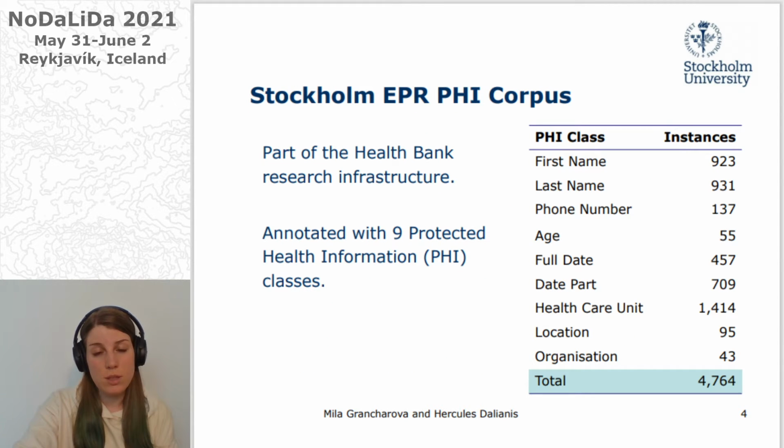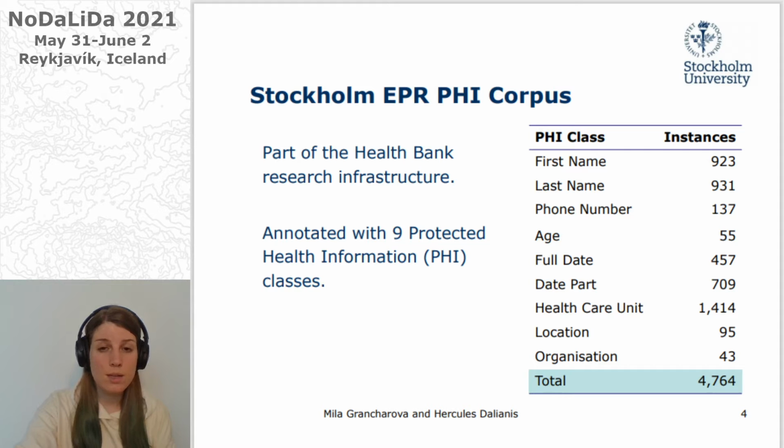At Stockholm University, we've been working with a research infrastructure called HealthBank. It contains a large number of electronic patient records from the Karolinska University Hospital. There have been some efforts in annotating parts of this data, which has resulted in the Stockholm EPR PHI corpus.